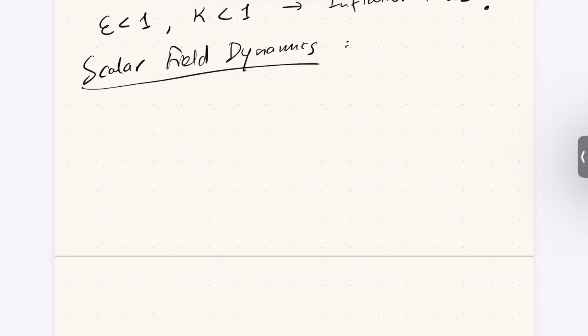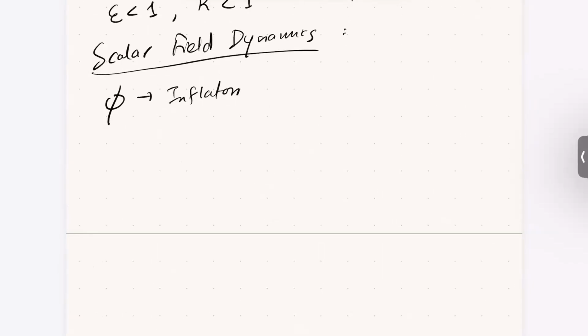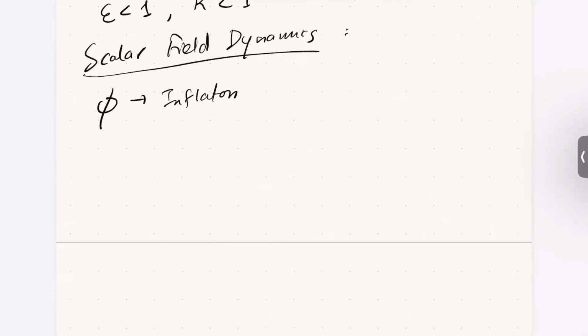So we need an action that defines the particular system, and then we need to take a variation of that action, take the least action principle, and then find its equations of motion, right? So let's do the same for this dynamical system. So we define the inflaton as phi, which is the scalar field we're talking about, that probes inflation. And I want to put it in an FLRW metric. Now, you might ask me why I'm putting it in FLRW and not de Sitter, right?